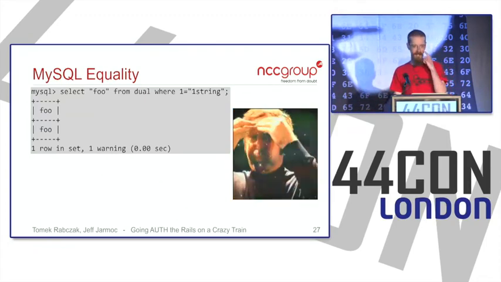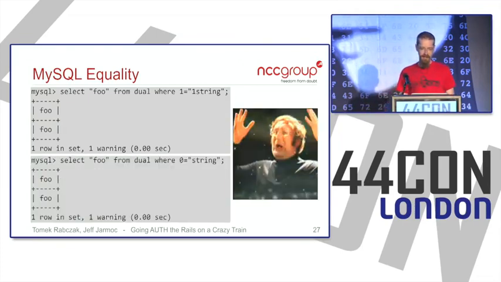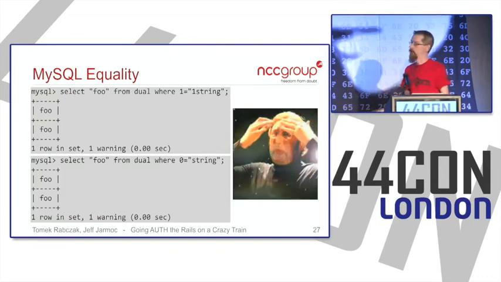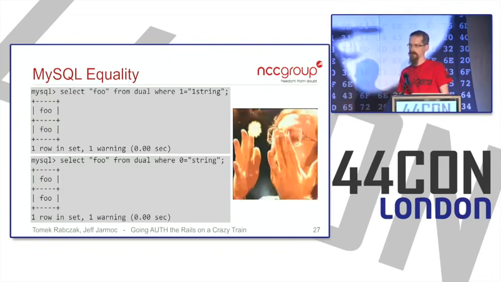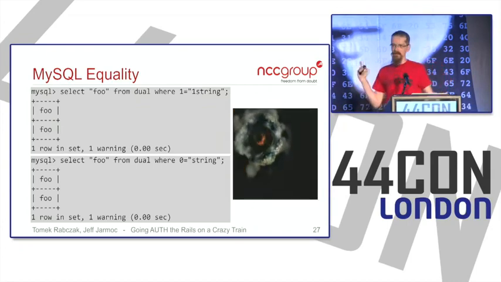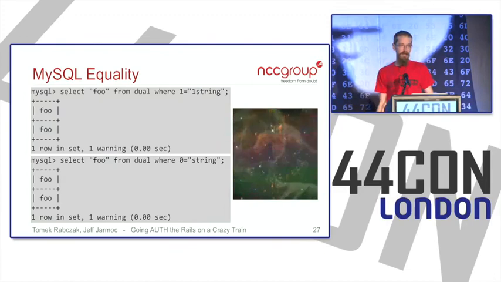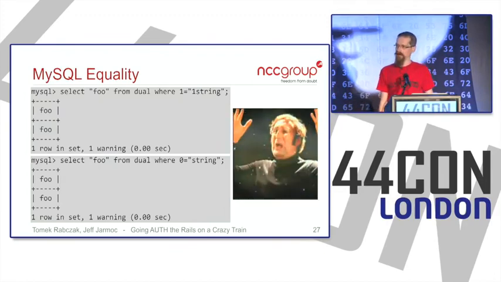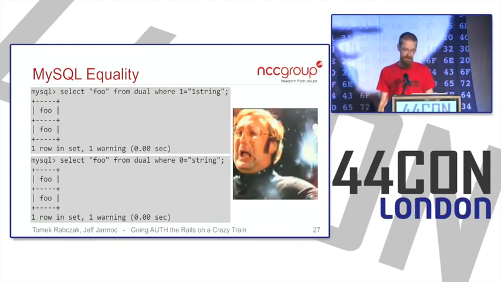So the types are off, and it confuses MySQL's equality. Similarly, if we compare 0 to any string that starts with an alpha character, it's going to return true. This is really bizarre behavior on MySQL's side, and it's really the core vulnerability here, but MySQL doesn't seem interested in fixing it, probably for compatibility reasons.